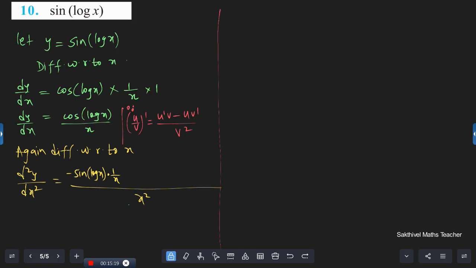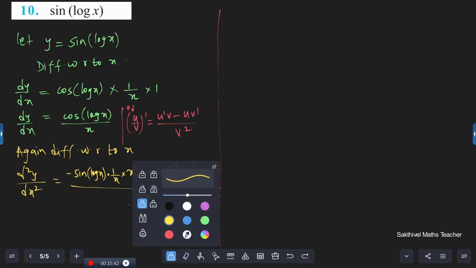X when I differentiate is 1, leave it. Then v we have taken. V means x. Formula minus. Then u means cos of log x, into v dash. For v dash you have to differentiate x. X when I differentiate is 1. That's it. So whatever is possible to cancel, do it.